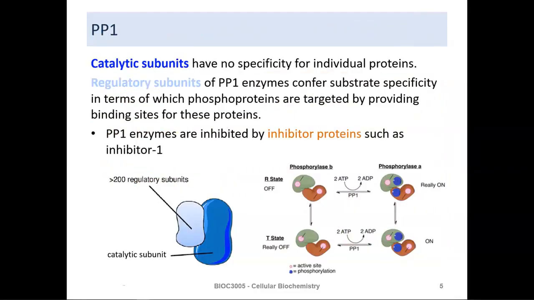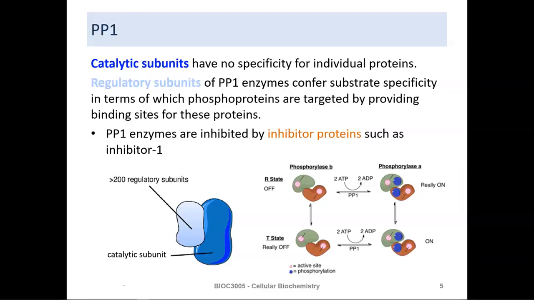Let's now take a look at some specific examples. Firstly, PP1, or protein phosphatase 1. PP1 is composed of two main subunits, a catalytic subunit and a regulatory subunit. The catalytic subunit has no specificity for a particular protein target.